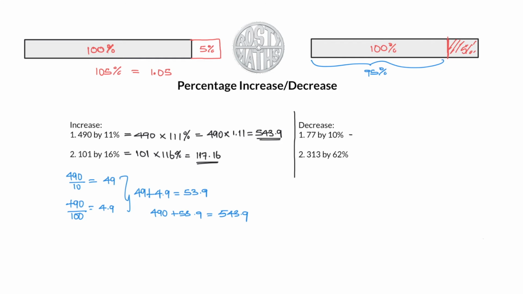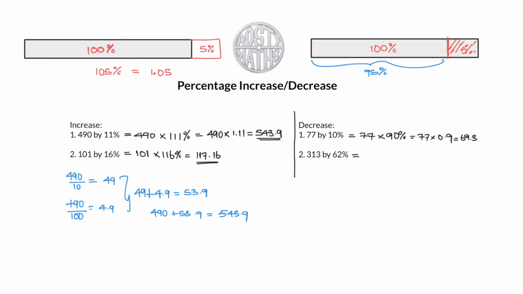So to solve this, I would just take my 77 and multiply it by 90%, which is the same as 77 multiplied by 0.9, because 90% is 0.9. Now, once we get that, that gives us 69.3.